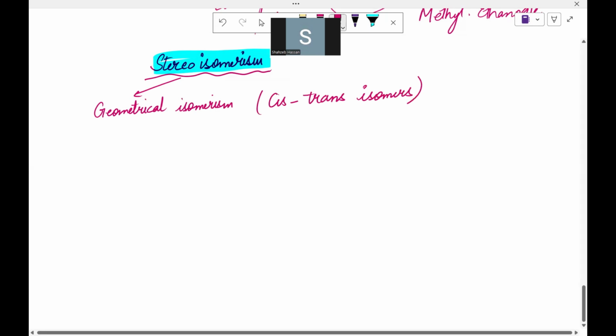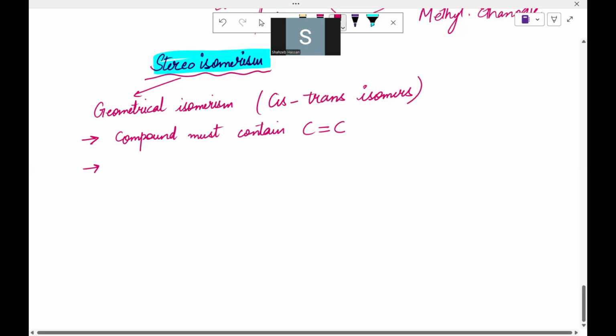So which type of compound can show cis-trans isomerism? There are basically two conditions for that. The compound must contain a carbon-carbon double bond.